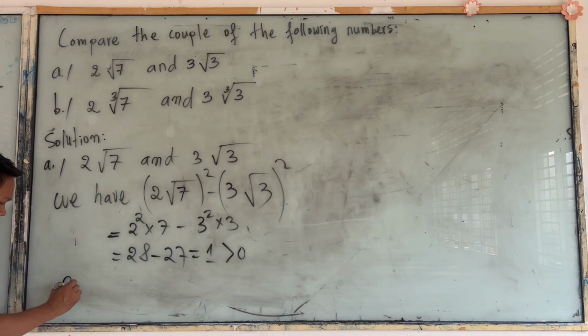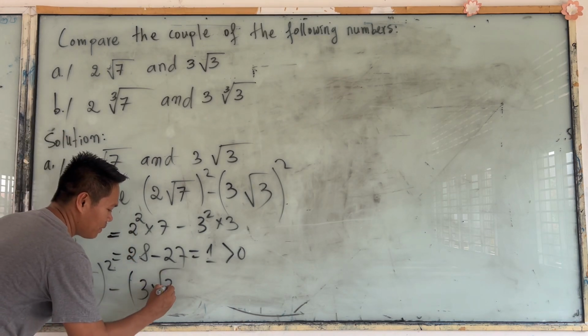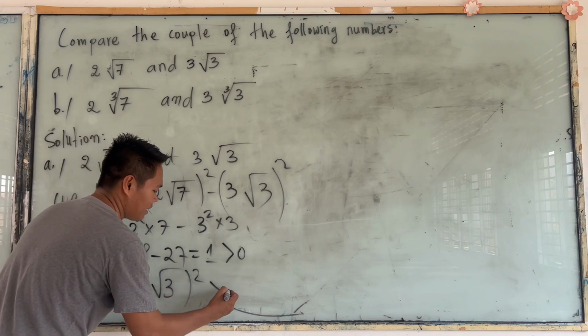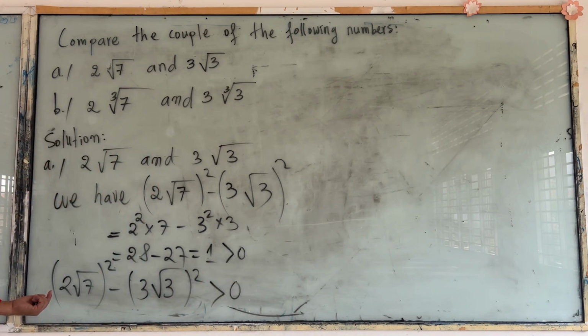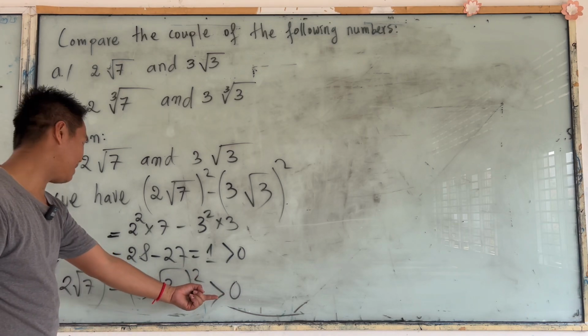So we get (2 multiplied by square root of 7) power 2 minus (3 multiplied by square root of 3) power 2 is greater than 0. And because 2 multiplied by square root of 7 and 3 multiplied by square root of 3 are numbers that are greater than 0, I can find that (2 multiplied by square root of 7) power 2 minus (3 multiplied by square root of 3) power 2 is greater than 0.